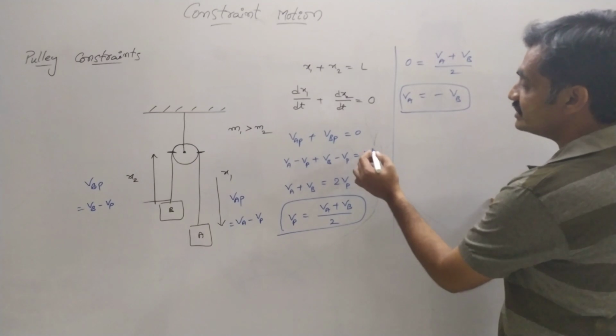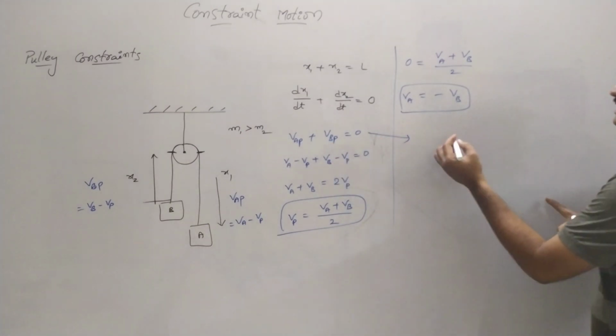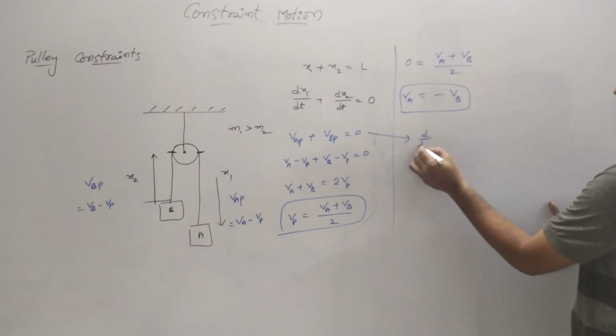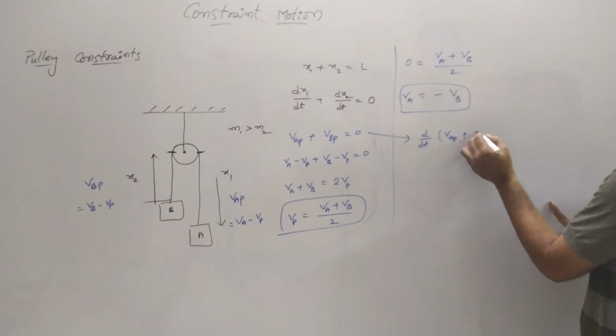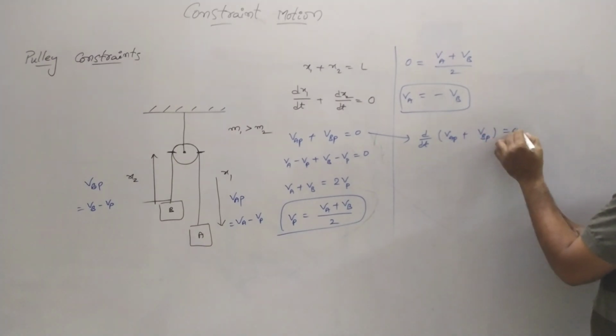Now if I differentiate this equation again with respect to time, we get d by dt of V suffix AP plus d by dt of V suffix BP is equal to 0.